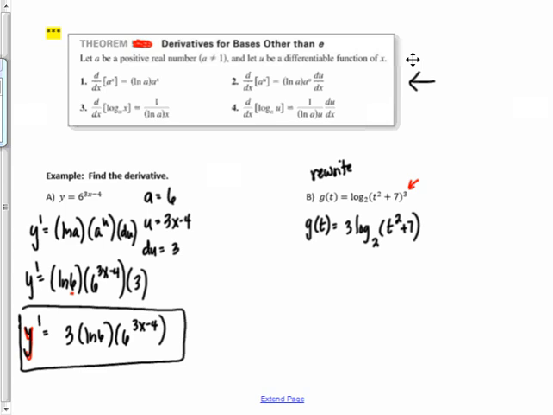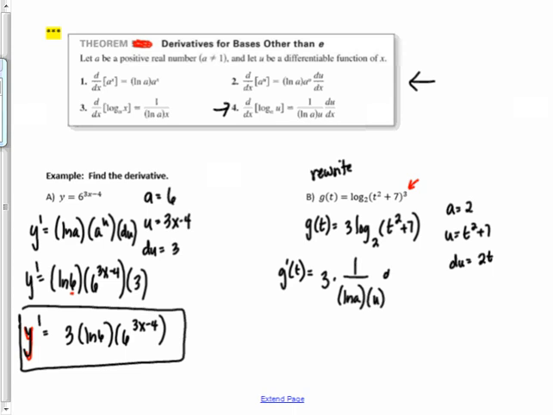I'm going to be taking this one, okay? So I need to get the pieces. A is the base. A in this case is 2, okay? And then u is just that t squared plus 7, and then du would just be 2t. All right, so the derivative is going to be 3 times, and the derivative formula is going to be, you can see up there, 1 over the natural log of a times u times du.